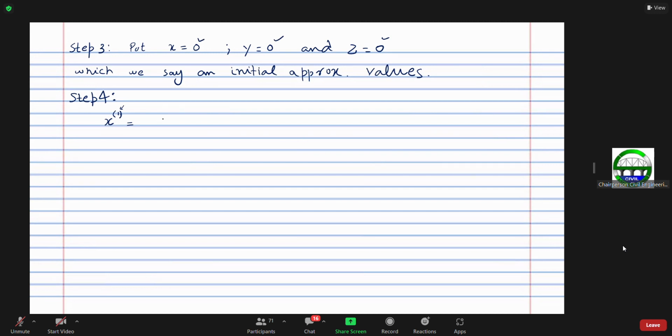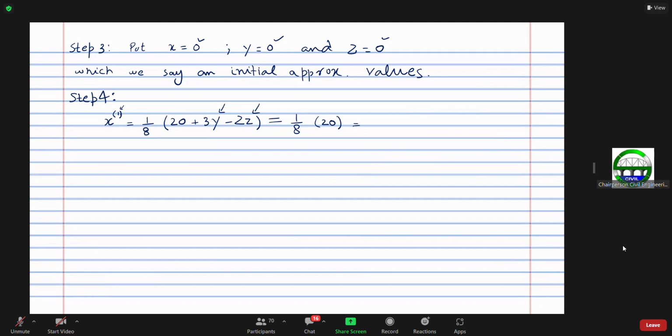So in the first iteration, you will put the values of x, y, and z equal to 0. So for x, put the values of y and z equal to 0. So x was 1 over 8 into 20 plus 3y minus 2z, right? If I solve it, 1 over 8 into 20, this one will be 0, this one will be 0.